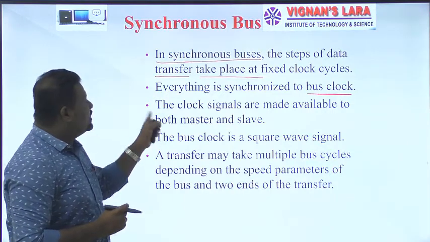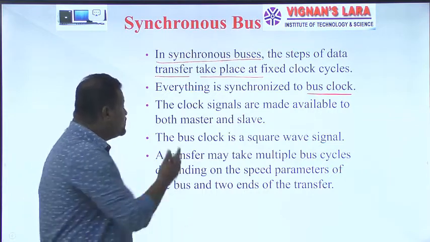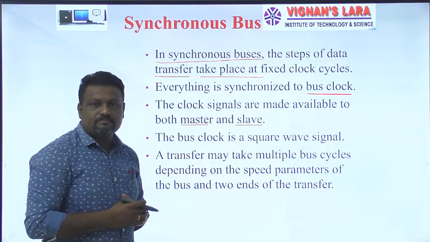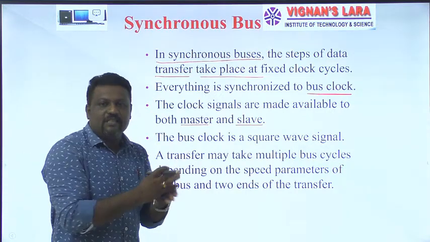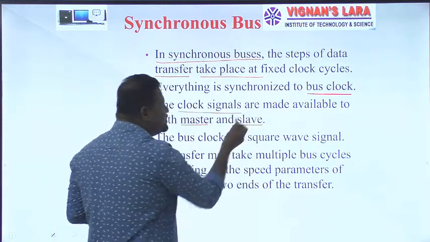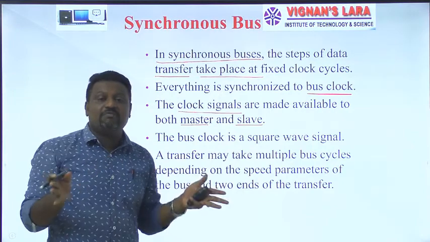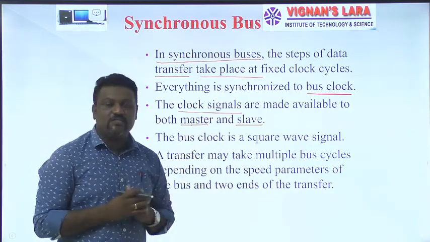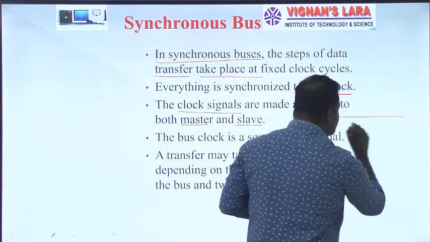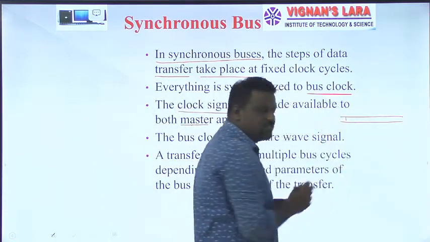And coming to the third, the clock signals are made available to both the master as well as the slave. Here, what are the master and the slave? The third point is that the clock pulses, which are nothing but the clock signals, act as a synchronizing signal made available to both the master as well as the slave. For example, friends, assume this is some particular bus, which is nothing but a group of lines.